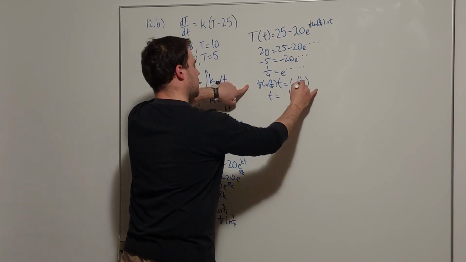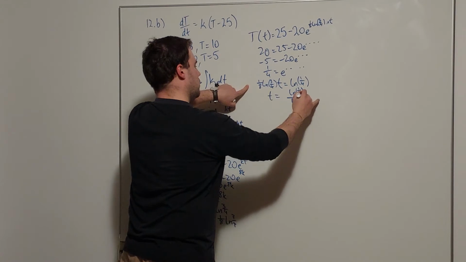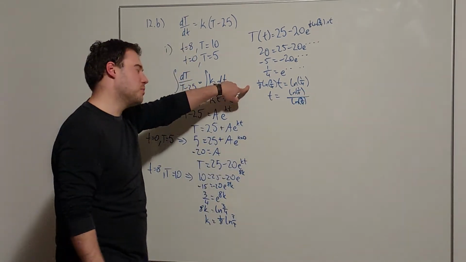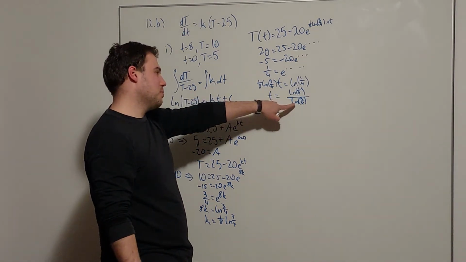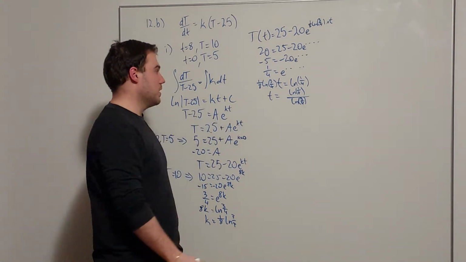So we've got ln 0.25 divided by 1/8 ln 0.75. That's a bit of fun, you've got the same base. That would be the same as log base 0.75 of 0.25, whatever form we want for our calculator.